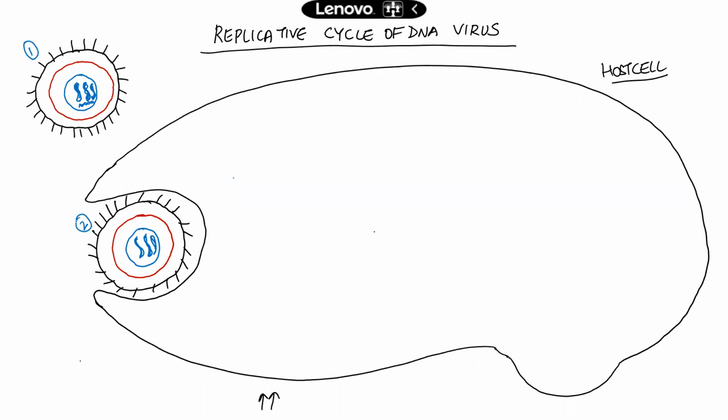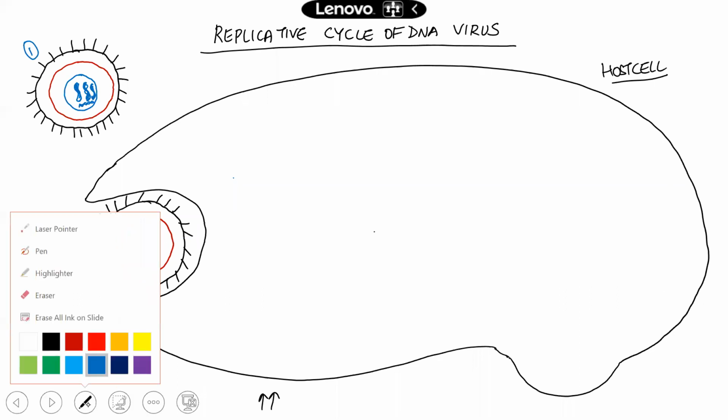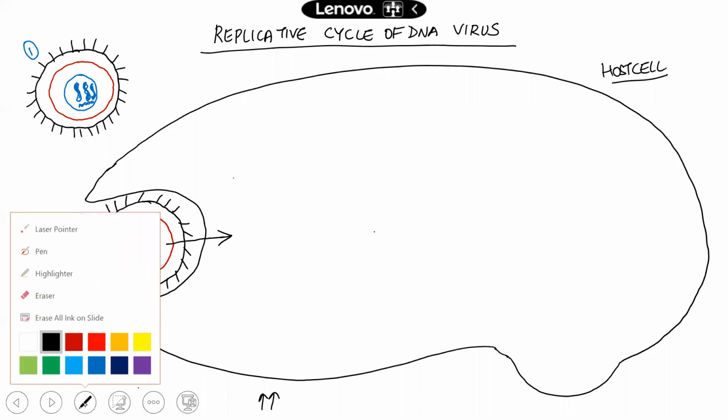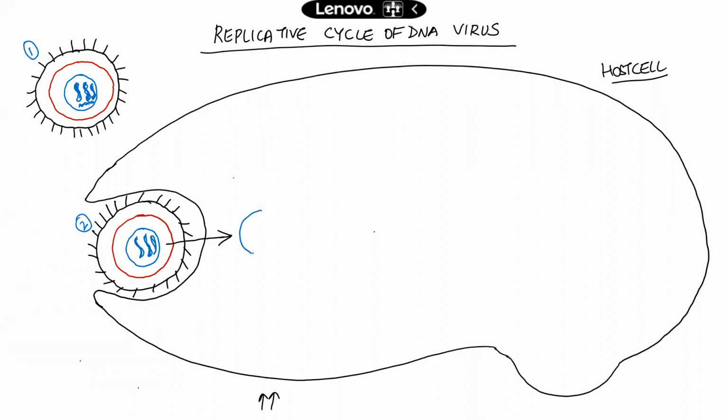Now, after having done this process, only the genetic material of the virus is allowed to go inside. So this genetic core that contains the genetic material enters the cytoplasm.